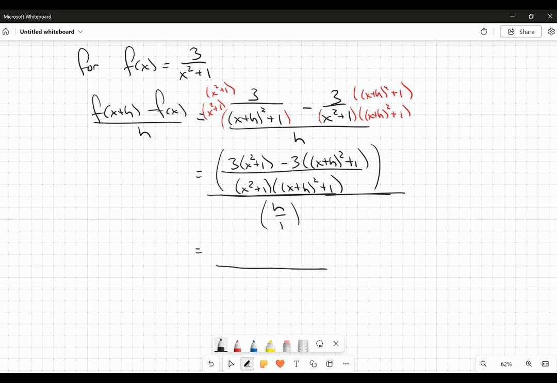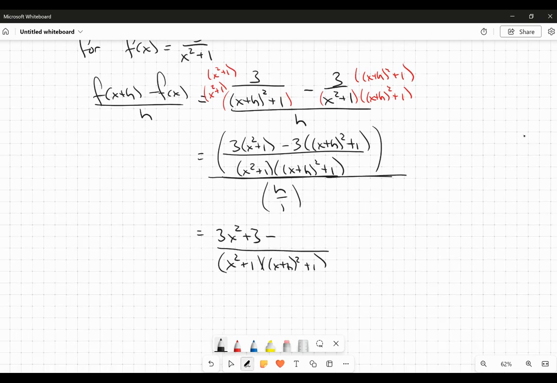So now I'm going to take my x squared plus 1 in the denominator multiplied by x plus h squared plus 1. I'm going to expand out that entire numerator. So this is going to be 3x squared plus 3 minus, now I'm going to do this in 2 steps because I want to make sure that everybody follows what's going on here.